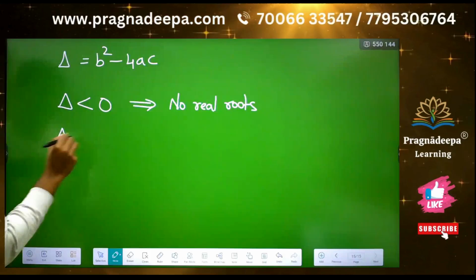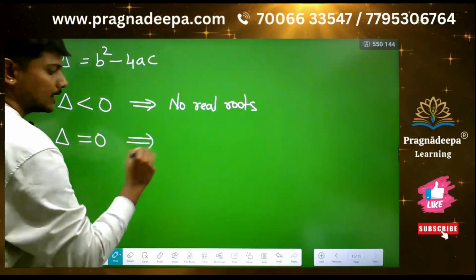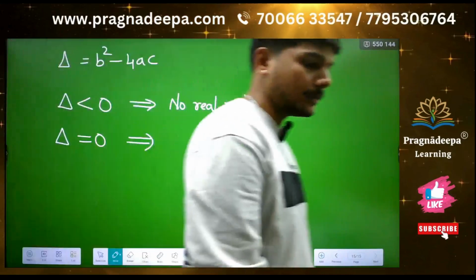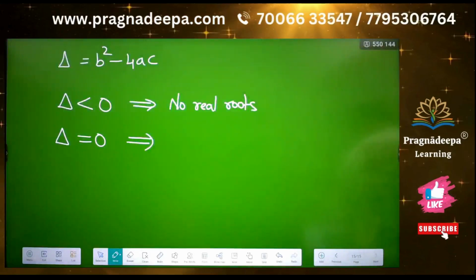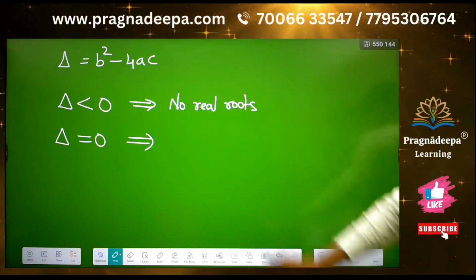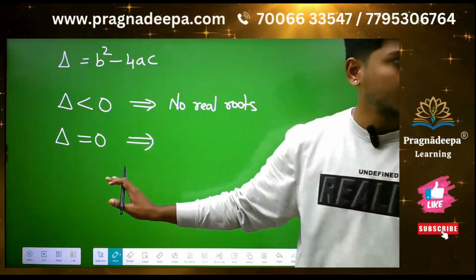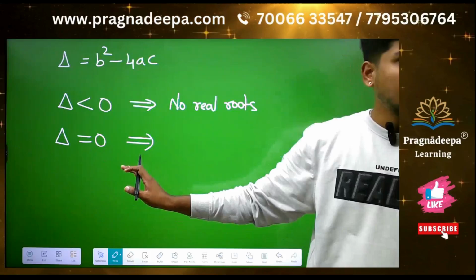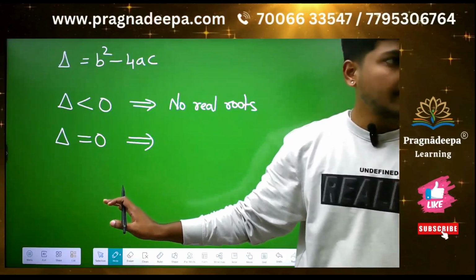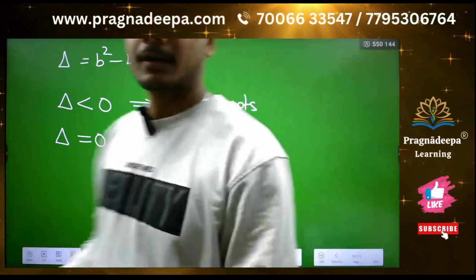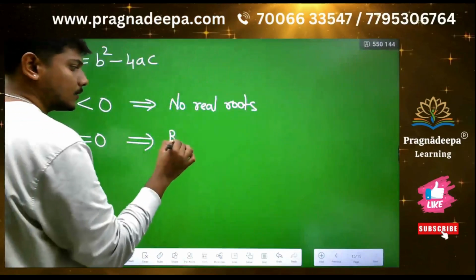What happens if delta is equal to 0? Yes, Avanish, delta is equal to 0. Nature of roots will be, discriminant is equal to 0. What type of roots do we get?